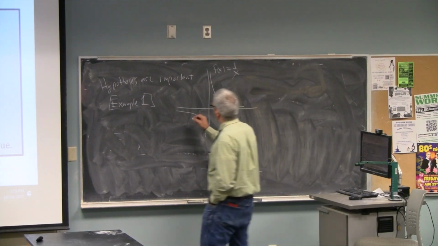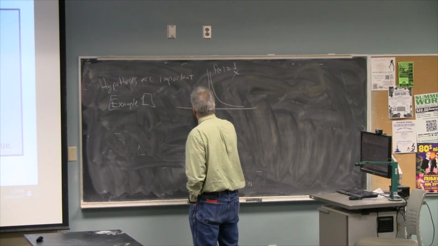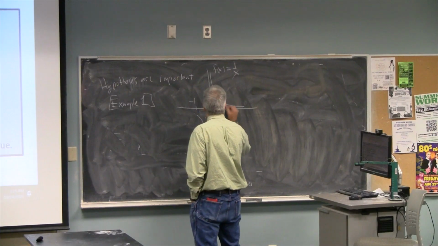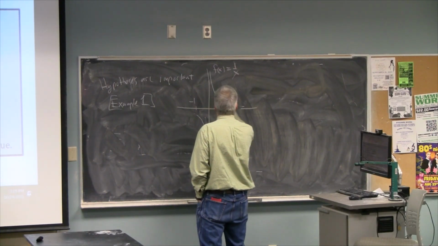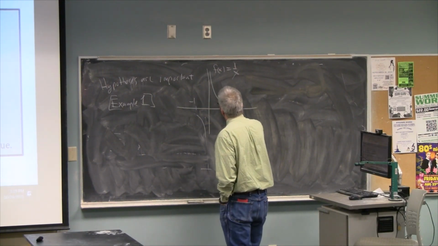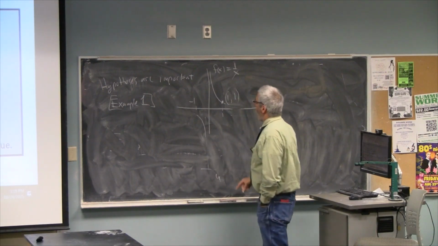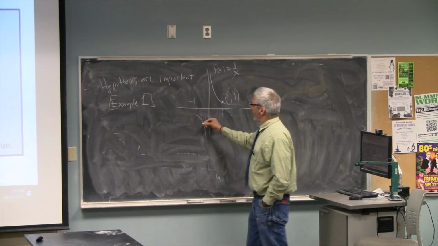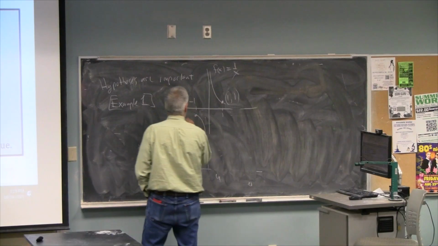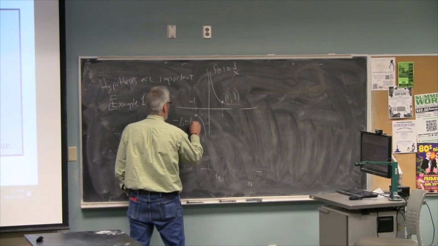And let's consider just going from -1 to 1. So on this graph, at x equals 1, the y value is 1. So this is the point (1, 1). And when x is -1, this is the point (-1, -1).